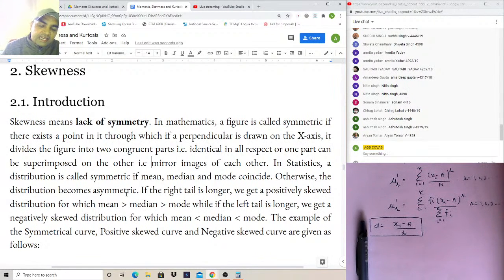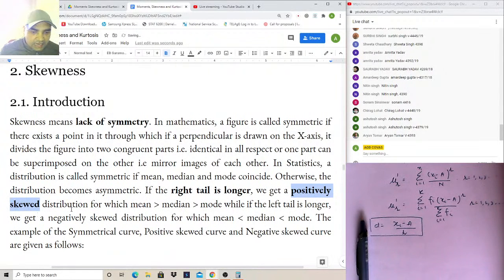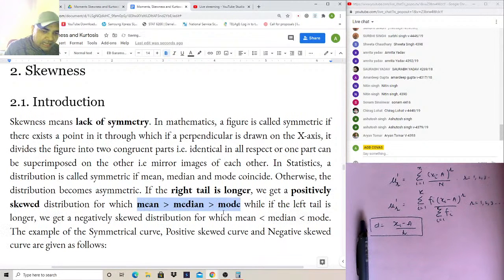If the right tail is longer in a distribution, we get a positively skewed distribution, where the mean will be greater than the median, and the median will be greater than the mode.